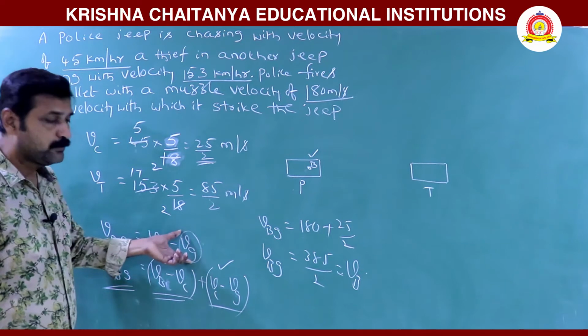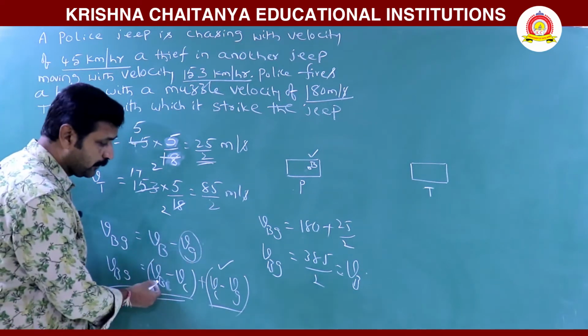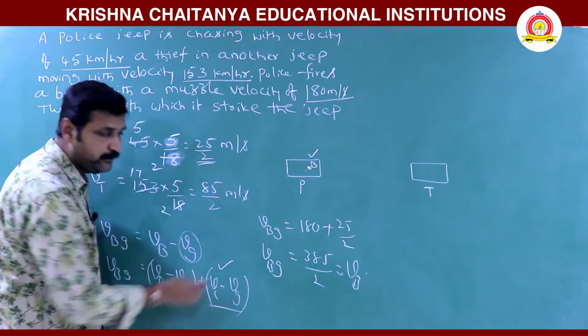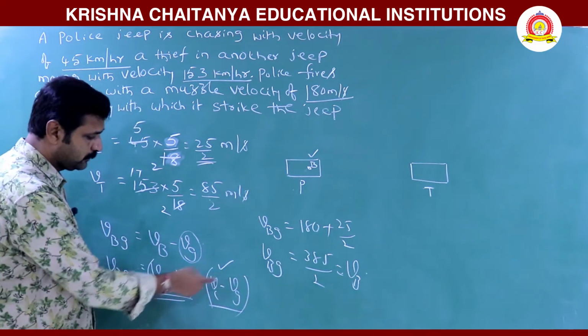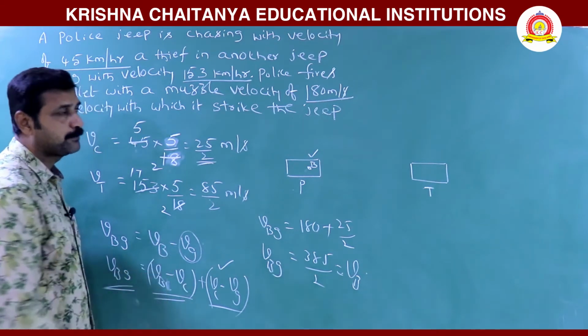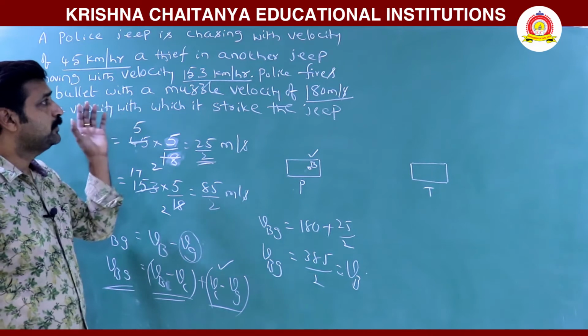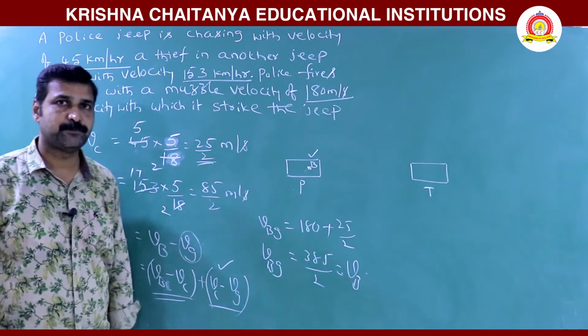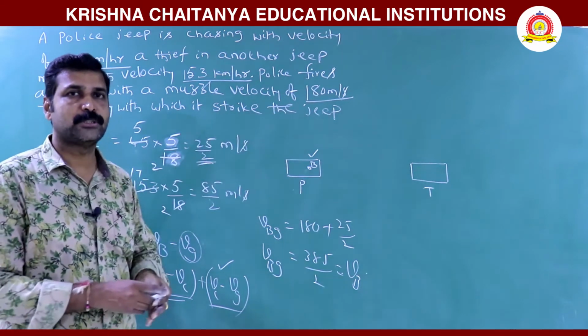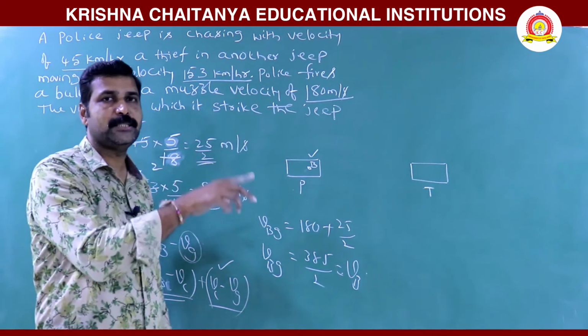So Vb minus Vg, here what did we write? Vb minus Vc plus Vc minus Vg. Vb minus Vc is the velocity of the bullet with respect to the cop, since it emerged from the police jeep, and the police know with what velocity it emerged.